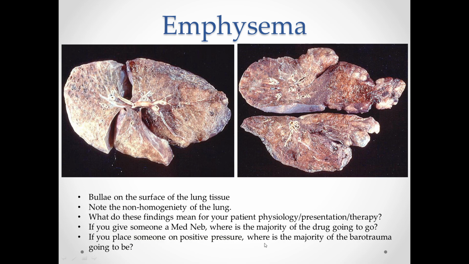If you put somebody on positive pressure ventilation, the alveolar sacs that experience the most trauma are going to be those that have the greatest compliance, and the regions that are going to experience the least amount of pressure are going to be the ones that have the least amount of compliance. And so sometimes you have to be careful when you place people on a ventilator because it's easy to cause barotrauma in some circumstances.